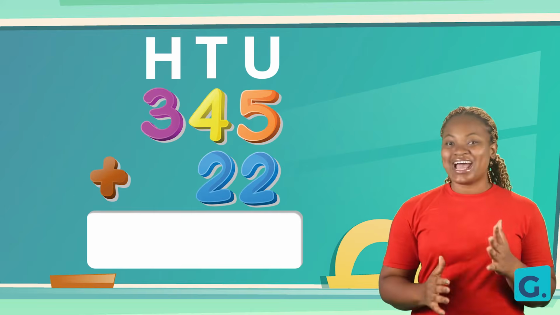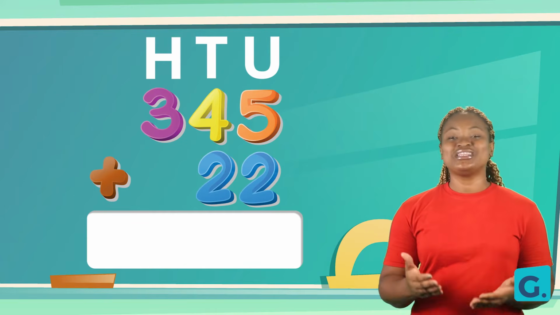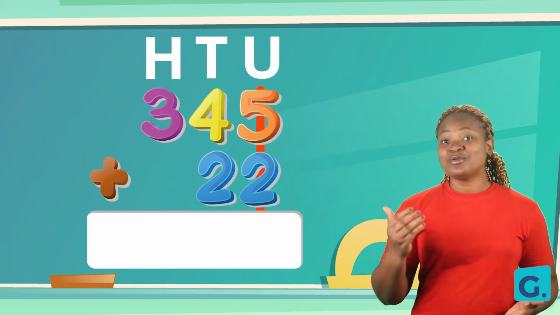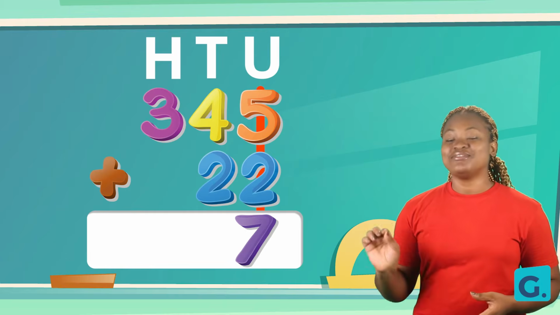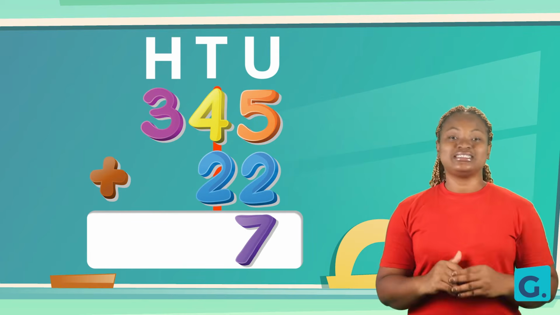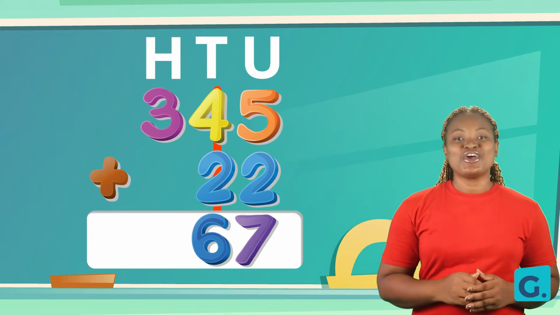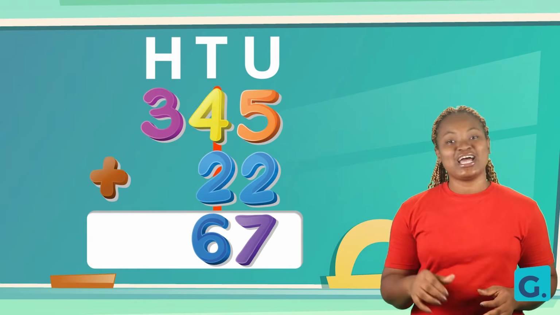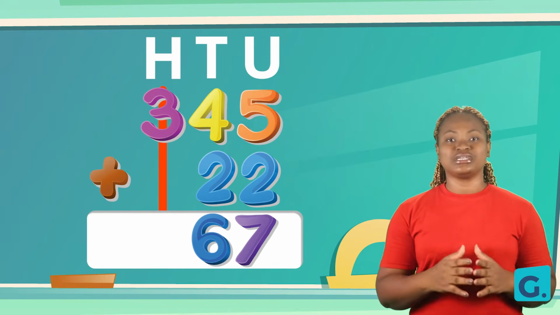It's time to add up. Remember, we add up these numbers starting with the units. 5 plus 2 is going to give us 7, so we put our 7 down. Then we move to the tens. 4 plus 2, that would give us 6. We are going to put the 6 down. Now we are off to the next, and that is the hundreds.